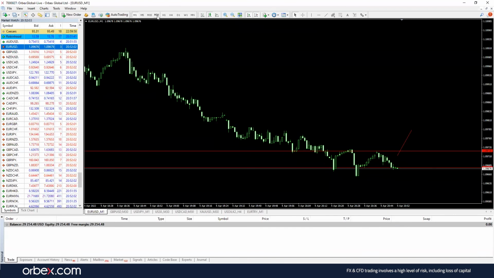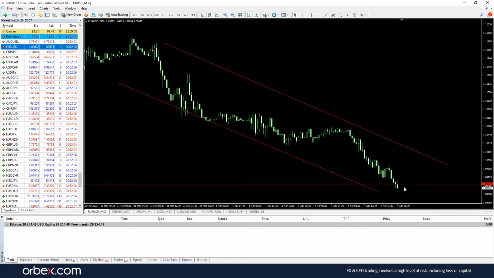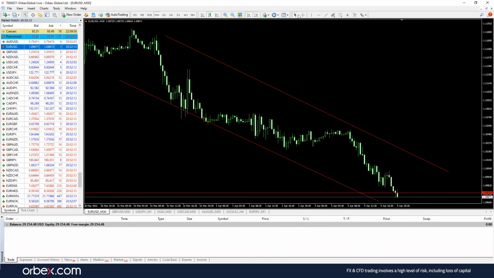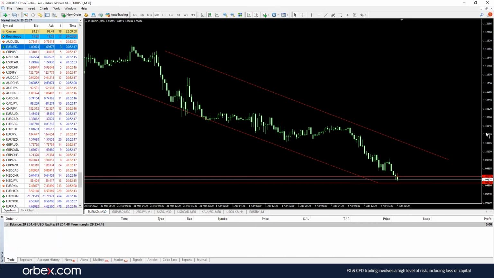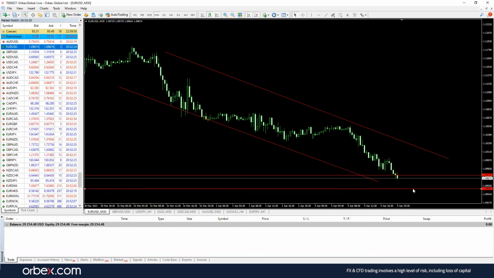So let me go to a 30-minute chart because it might be a bit easier. Let's just stick on the 30. I believe that the market will move down to, let's say, 1.0950, a nice round psychological area, roughly about here.